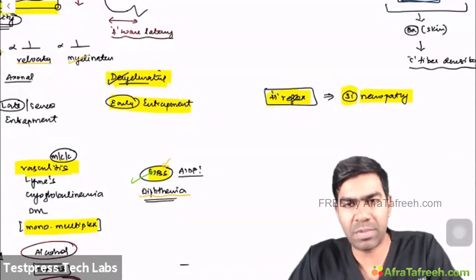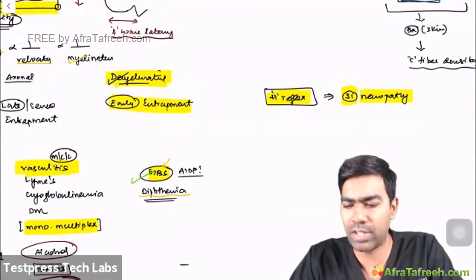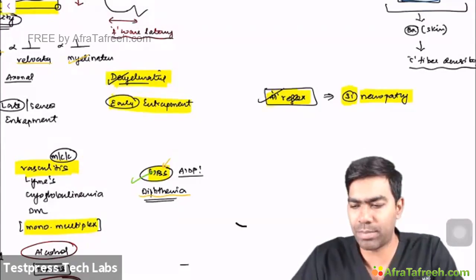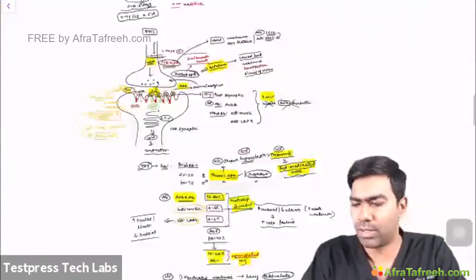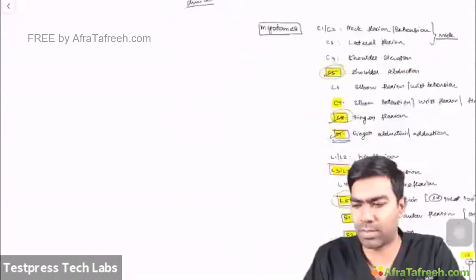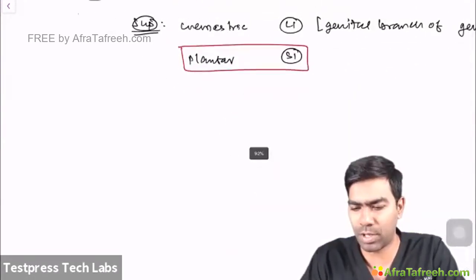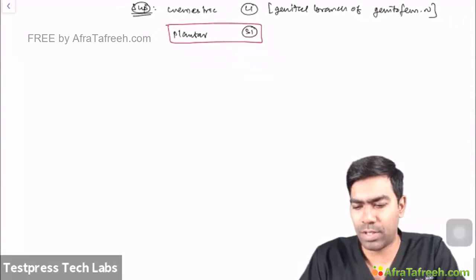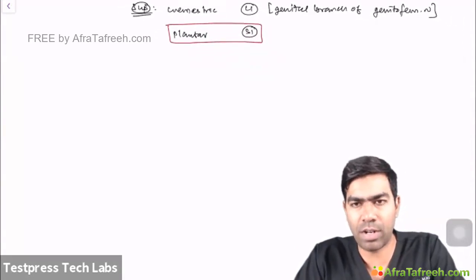So whenever you have absence of H reflex in your nerve conduction study, it is like having an S1 neuropathy. Only that point has been asked 2-3 times in the past, so that's why I told you. Please make a note of it. Apart from that, I don't think knowing more about it will make any sense. So the H reflex again is an equivalent of an ankle jerk.